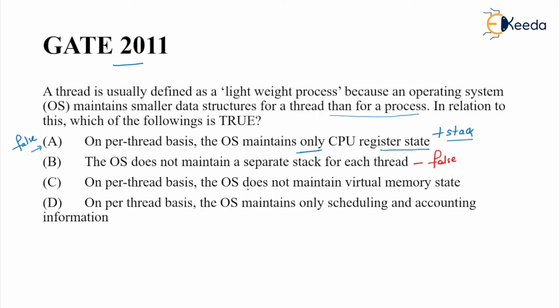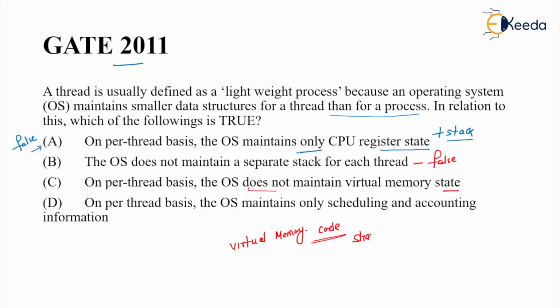On a per thread basis, the OS does not maintain virtual memory state. We have to find the true statement. The memory part is actually shared. The virtual memory part is where the code will be assigned, so memory allocation is shared.